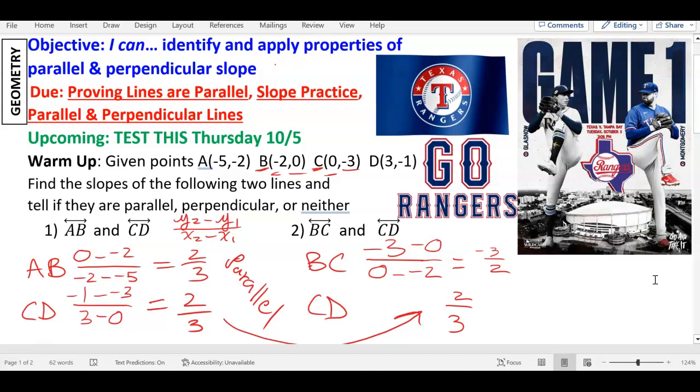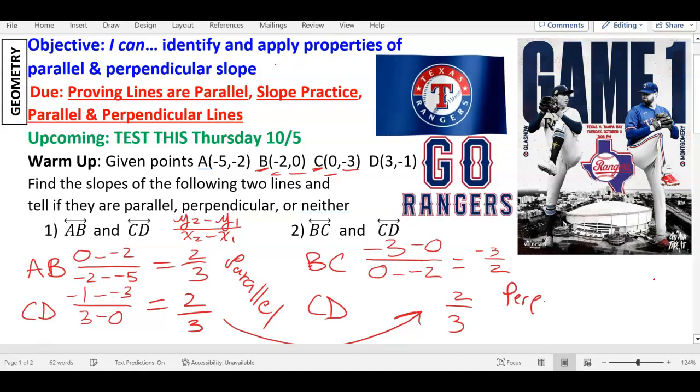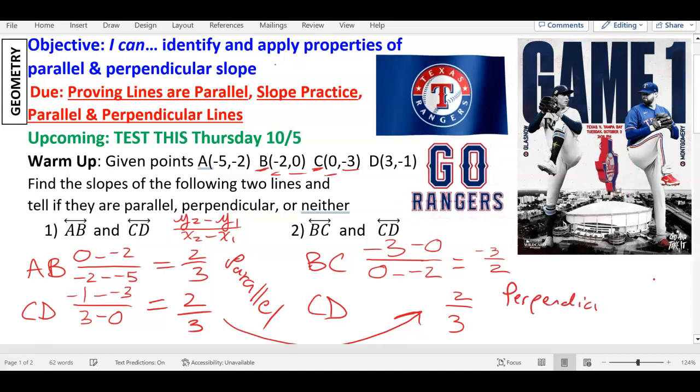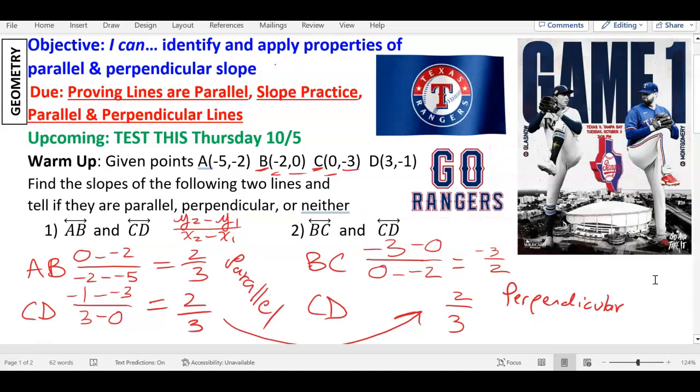It did. So this has both changes. It changed the sign and flipped the fraction. Since it's both changes, we're going to write what? Perpendicular. Okay? Do you see how to tell? First of all, do you know how to find slope? And then now, do you see how to tell if it's parallel or perpendicular? If they're not the same and it's not both of those changes, then that's when you would write neither.